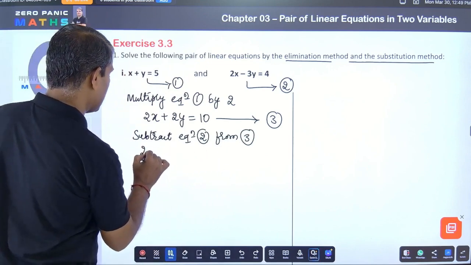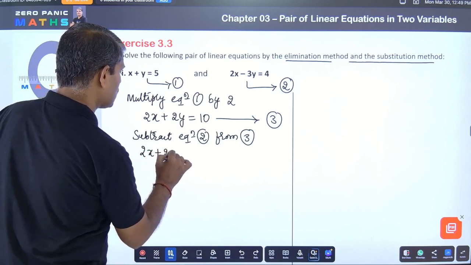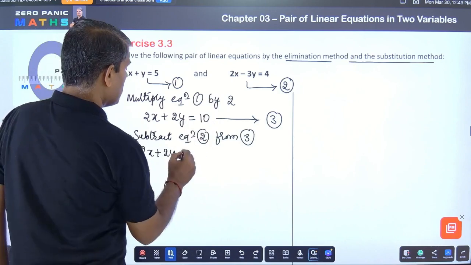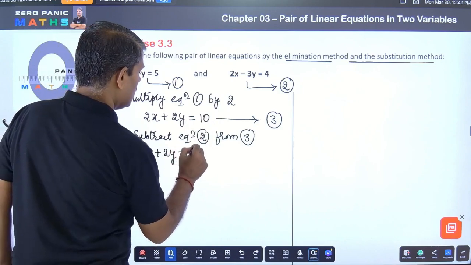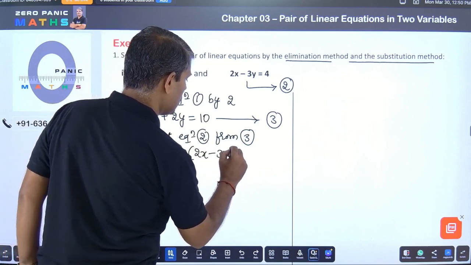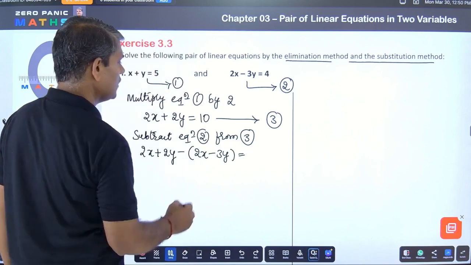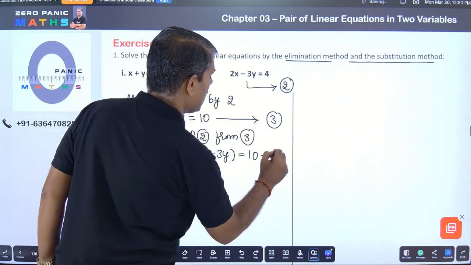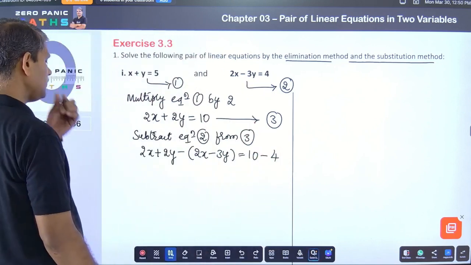Let us write 2x plus 2y of equation 3 minus, let me write that as an additional step because there is a minus value, you might get confused. So on the right side it is 10 of equation 3 and 4 of equation 2.